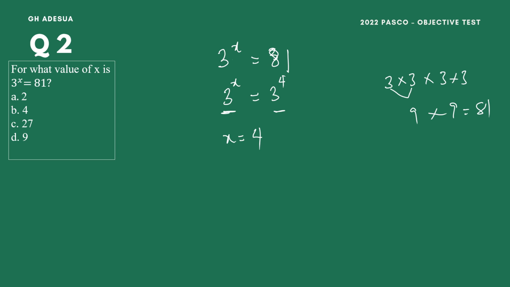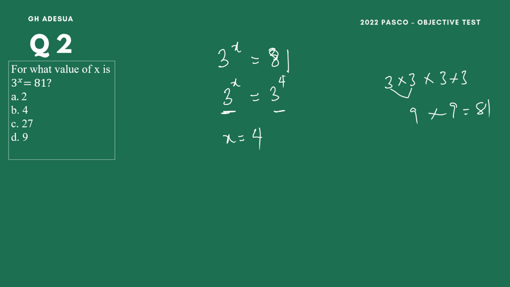I repeat again, we look out for the base. The simplest base here is 3 raised to the power x, and then we have 81. The first question we ask ourselves: how many times would that least base number multiply itself to give you the number that they have here. So this shows that if we multiply 3 4 times, you are going to get 81. So we have to look out for the variable x.